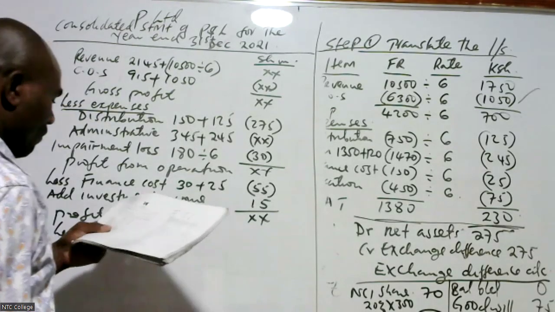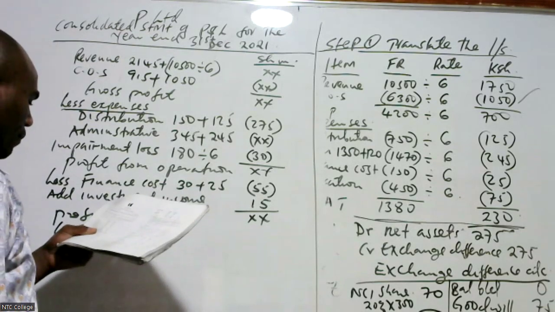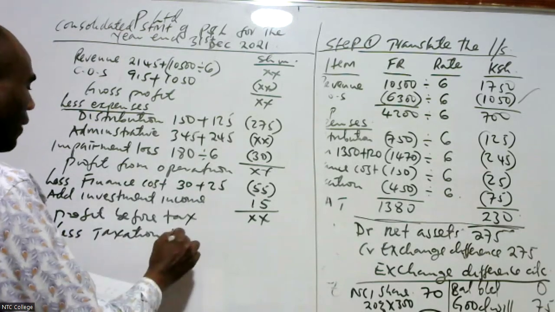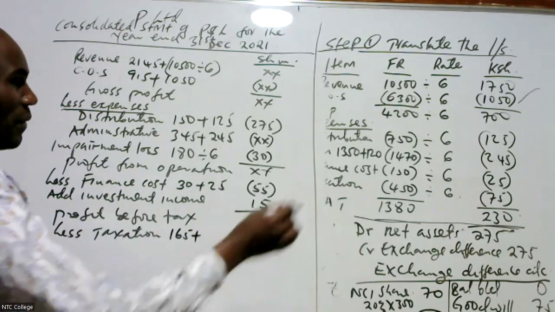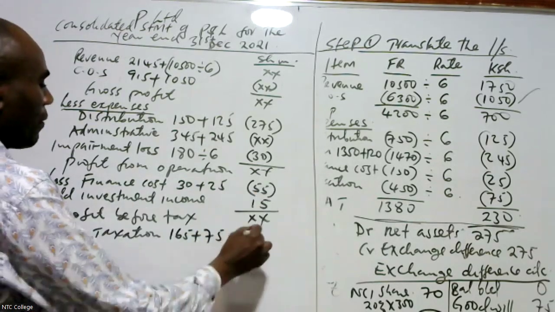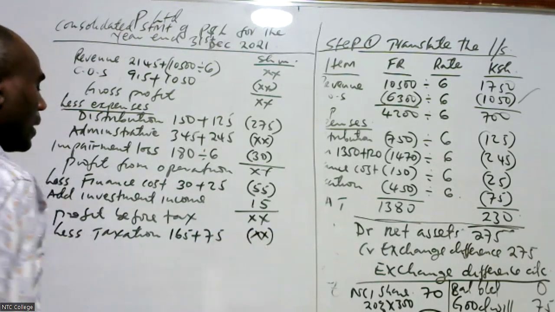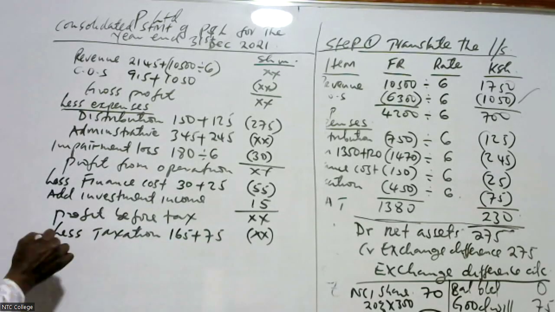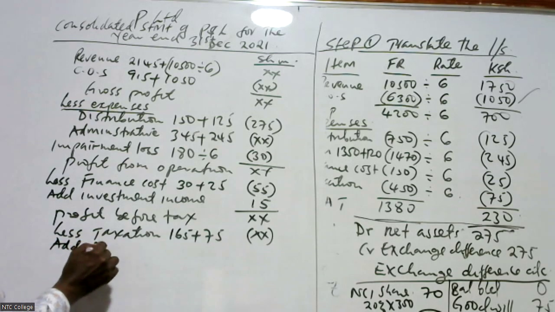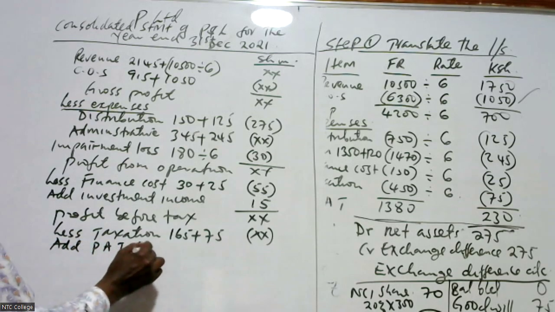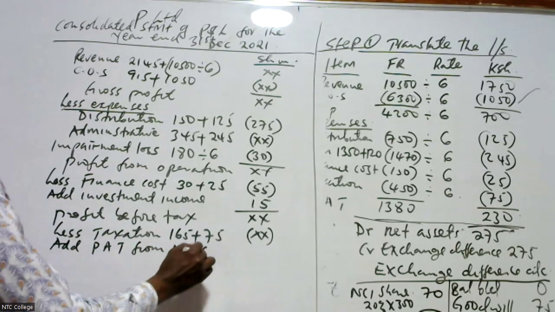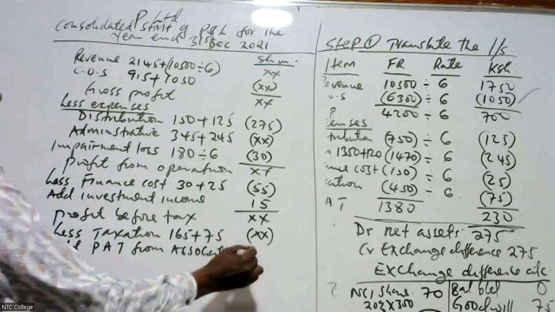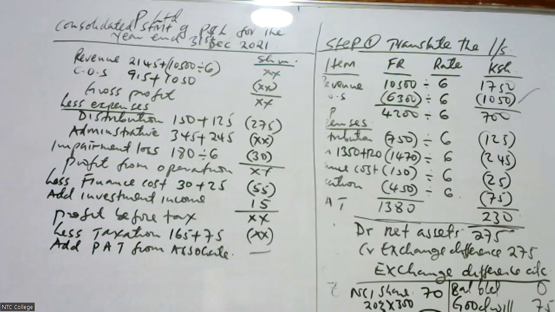Taxation is 165 of the parent plus the one for the subsidiary 75. If we have associate, we come to report profit after tax from associate. Add profit after tax from associate. In this question, we don't have it.